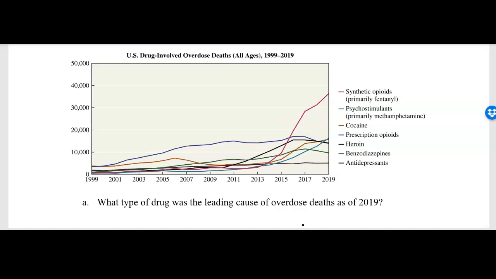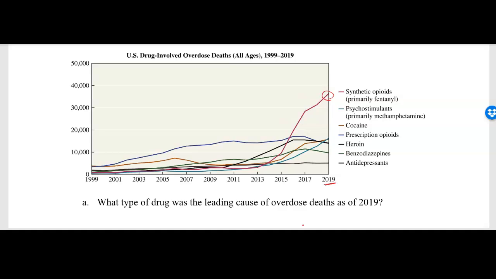The first question says, what type of drug was the leading cause of overdose deaths of 2019? So in this case, we're looking for 2019, which is right here. Okay, so that's the year 2019. And we want the one that has the highest. Well, that's going to be in our chart, which is the highest in height. That's here.